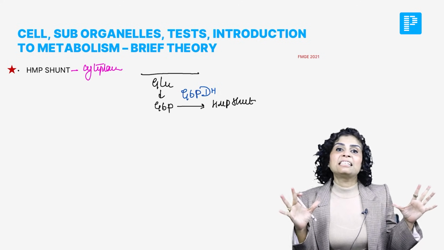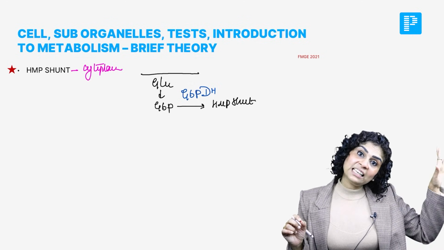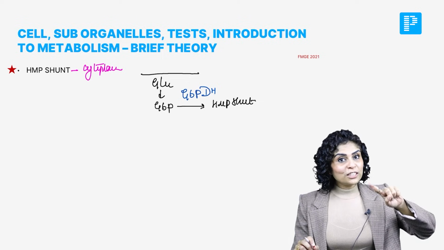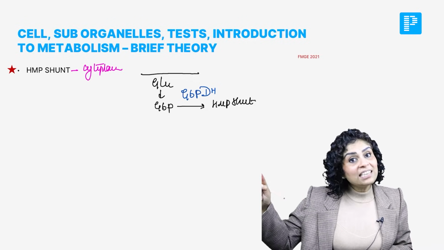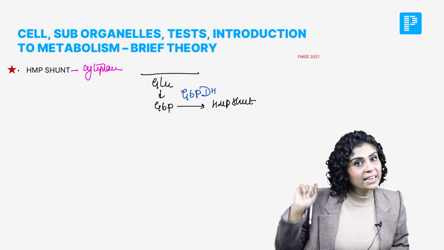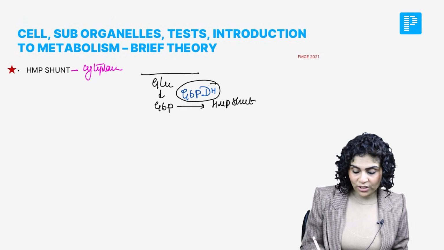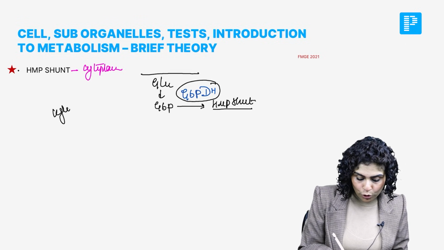What should you remember? Glucose 6-phosphatase is an enzyme of gluconeogenesis which converts glucose 6-phosphate into glucose. Glucose 6-phosphate dehydrogenase allows glucose 6-phosphate to enter into HMP shunt. And this glucose 6-phosphate dehydrogenase and the entire HMP shunt pathway happen in cytoplasm.